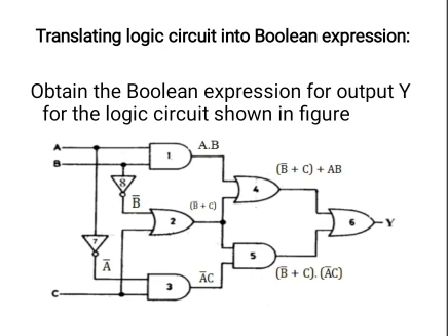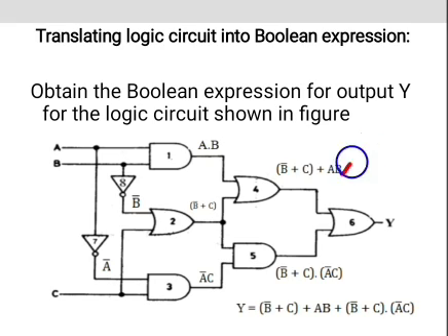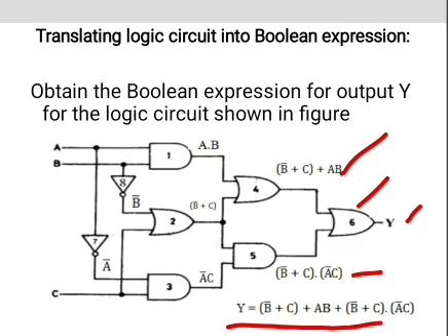The output is given as Y. Y equals B complement plus C plus AB plus B complement plus C into A complement C. These two are added because the sixth gate is the OR gate. So the final equation is Y equals B complement plus C plus AB plus B complement plus C into A complement C.